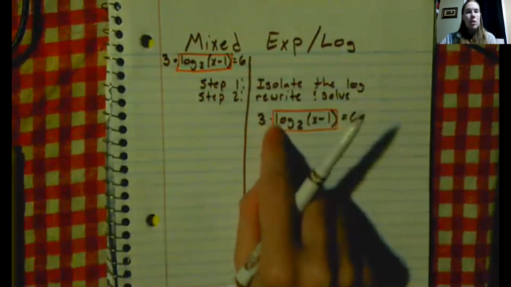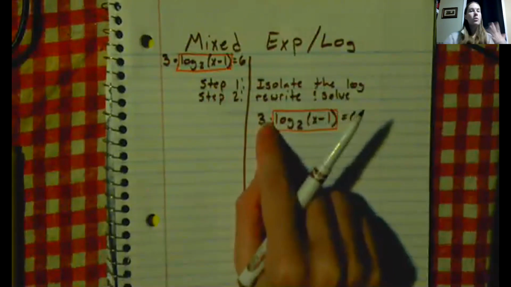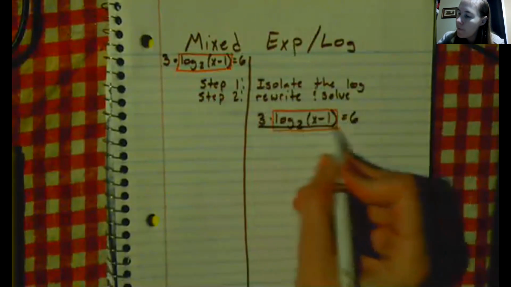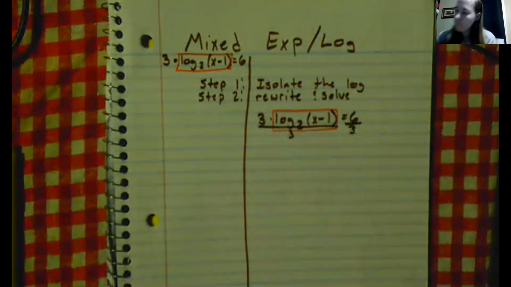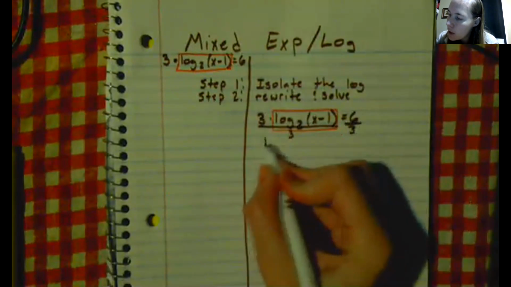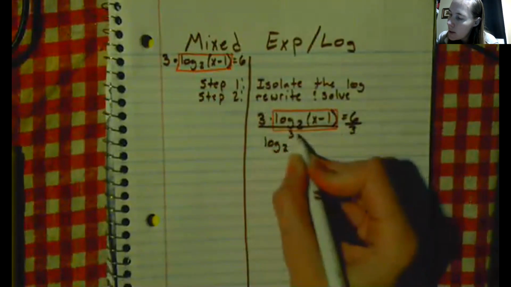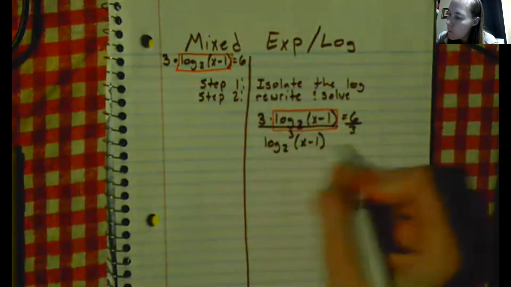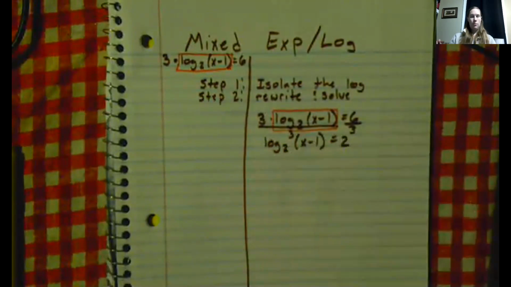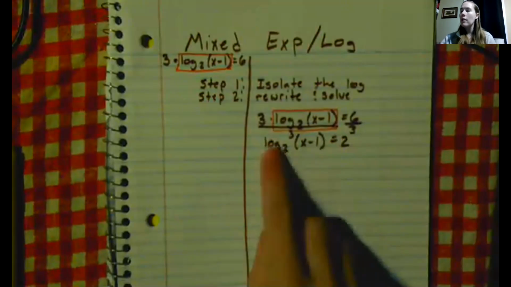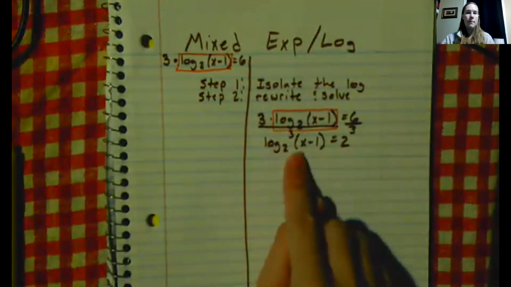I notice that my 3 is multiplying, so to get rid of that 3, I want to do the opposite, which is divide. So I divide both sides by 3. Now I have log base 2 of x minus 1 equals 2. Our log is now isolated because all of this part is our log.